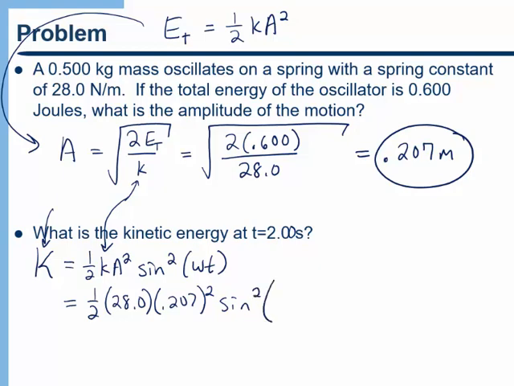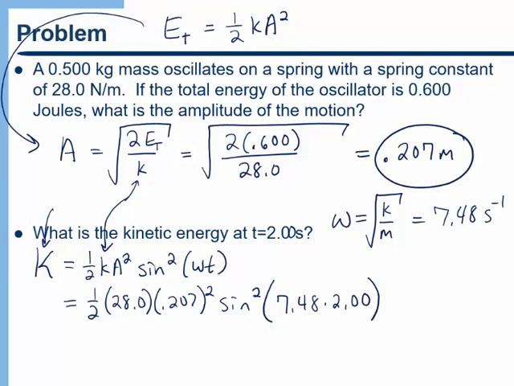Now, we actually don't have omega yet, so let me go ahead and just calculate that. Remember, omega is the square root of k over m. And when I worked that out, I got 7.48. Remember, the units of omega are seconds to the minus 1. Therefore, 7.48 times 2.00 is what goes inside there.